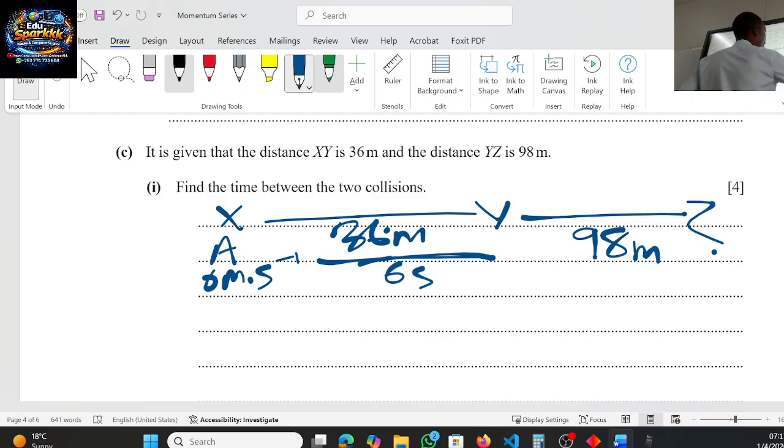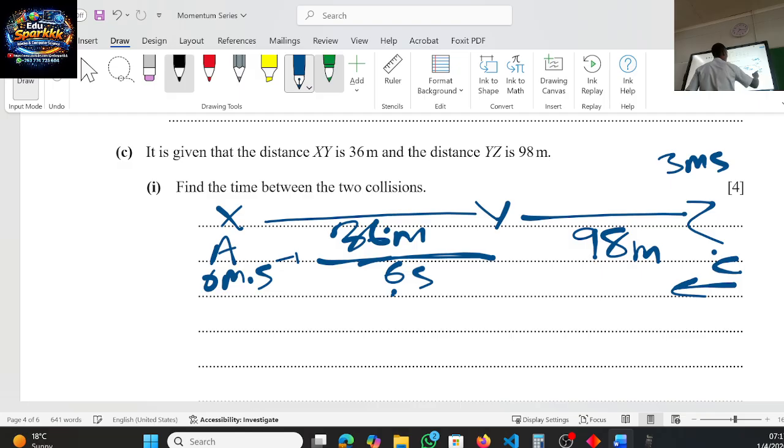But remember, this object will be moving at speed v, which we have found to be 3 meters per second. So there's a distance that it's going to cover in these 6 seconds. It's 3 meters per second for object C moving this way. So within 6 seconds, it will have traveled 6 times 3, which is 18 meters. So in 18 meters, object A will be there.